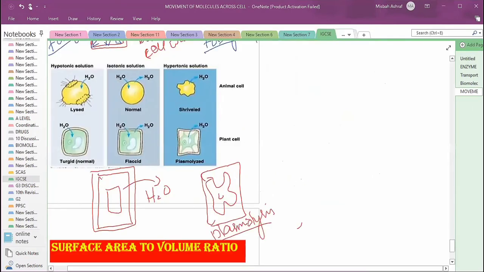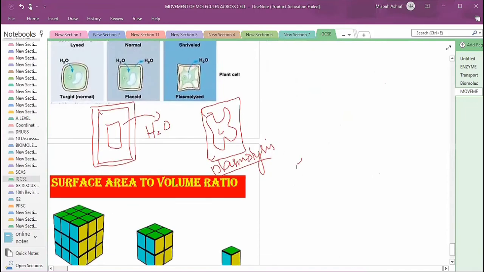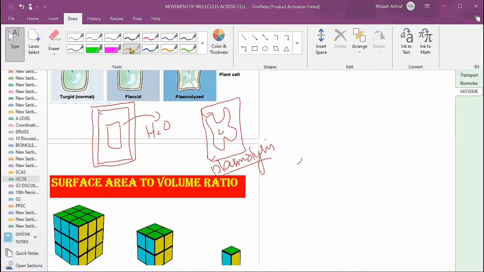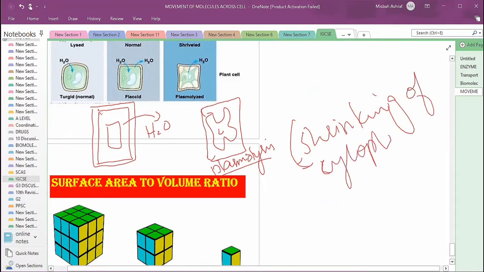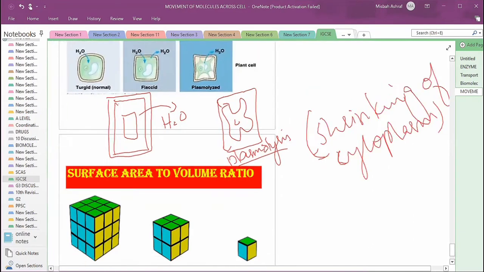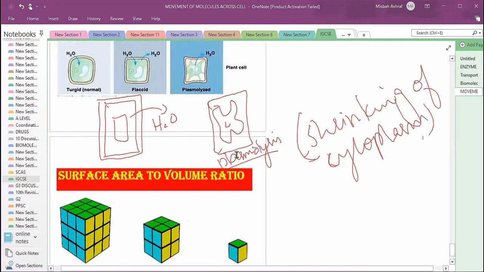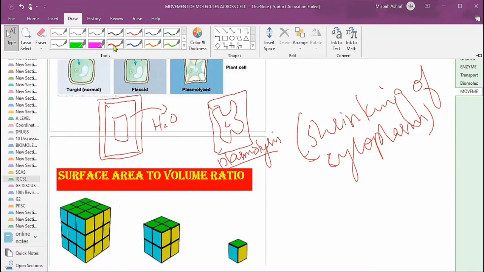Only the cytoplasm is shrunk, right? But this cell also does not die because of the presence of the cell wall.